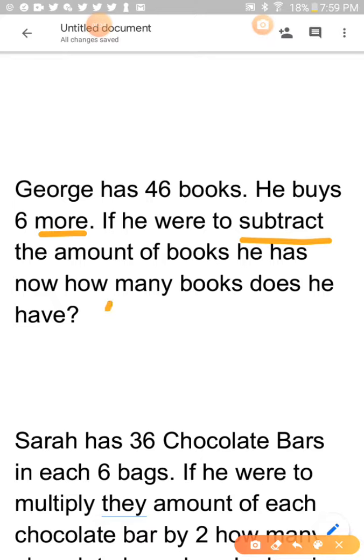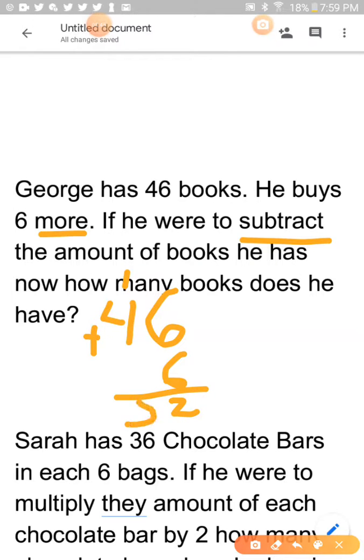So, the first step we would have to do is add 46 and 6, and you get 52, but we're not done yet though. So, he said he would subtract the amount. Well, it doesn't say the amount, so I forgot to add it to this problem, but let's imagine that he subtracted 35 books away from that amount.